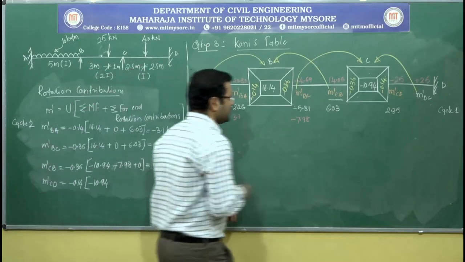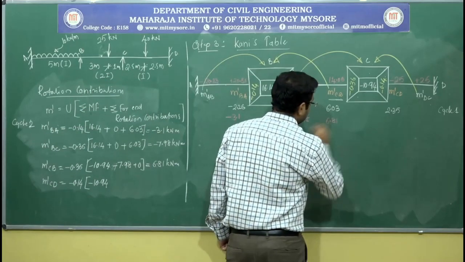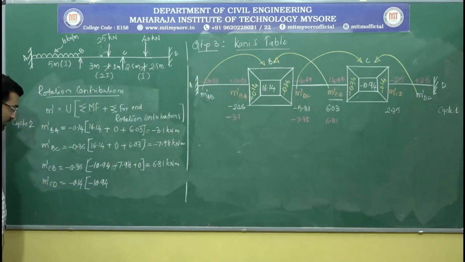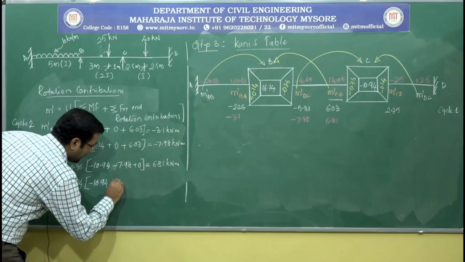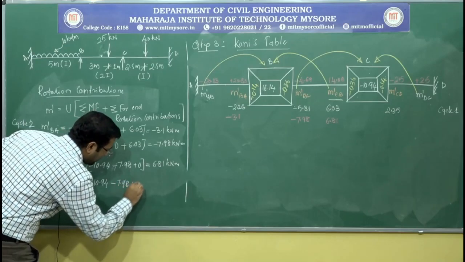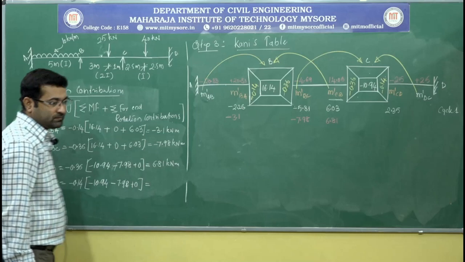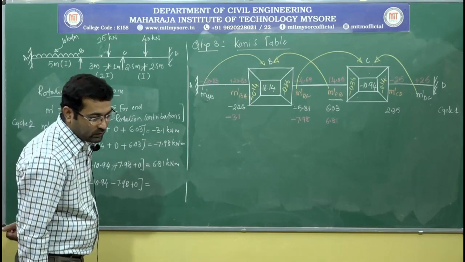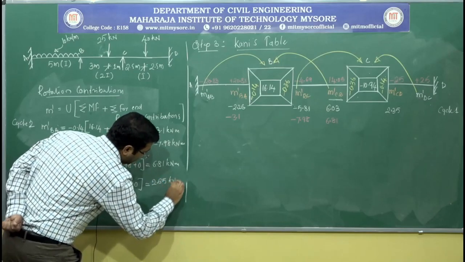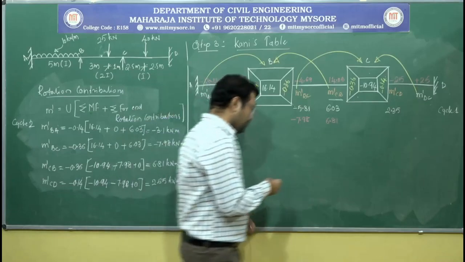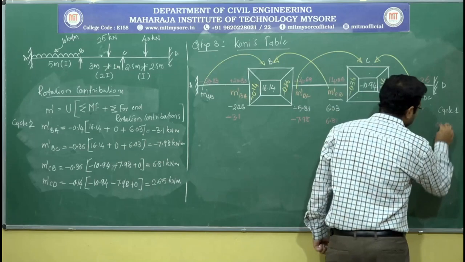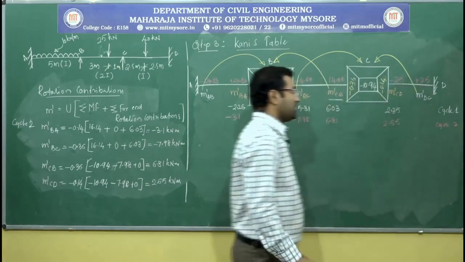So that I am going to represent here, 6.81, right. Now for the last, M dash CD, it is minus 0.14 into minus 10.94 plus minus 7.98 plus 0, which gives you a value of 2.65 kilonewton meter. So it is 2.65. This is cycle 2 or iteration 2.